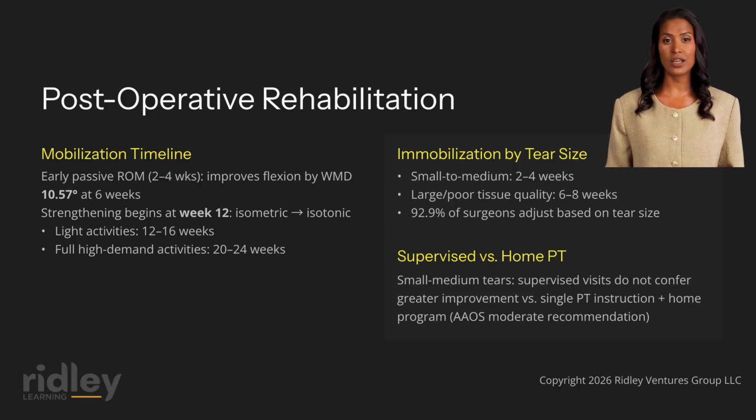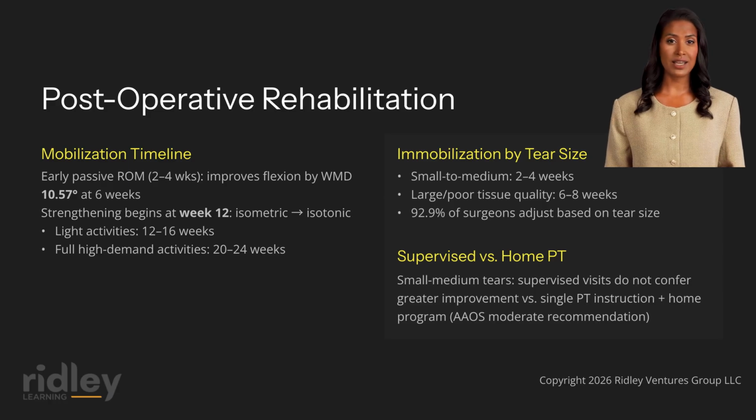The Korean Shoulder and Elbow Society survey confirms that 92.9% of surgeons adjust immobilization duration based on tear size. For most patients, return to light activities is permitted at 12 to 16 weeks, with full return to high-demand activities at 20 to 24 weeks, contingent upon restoration of strength, range of motion, and absence of pain.